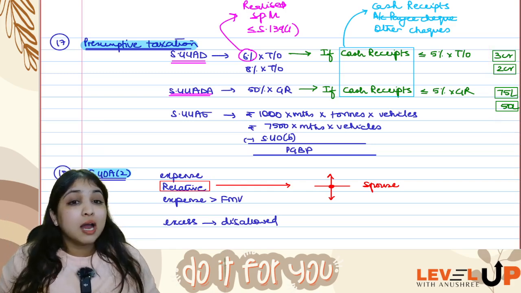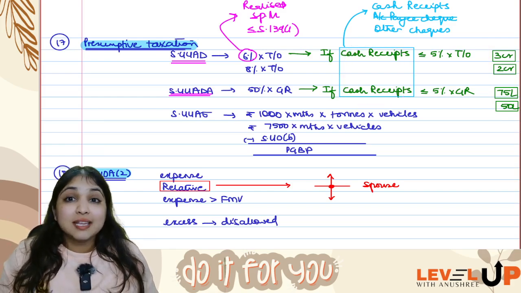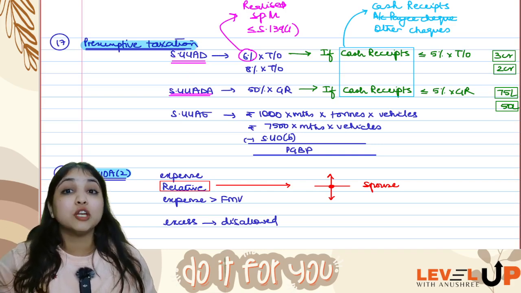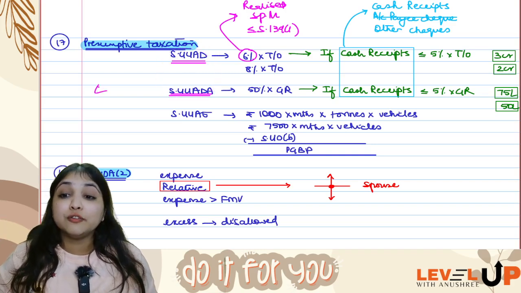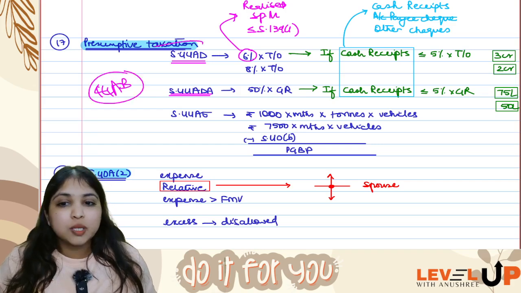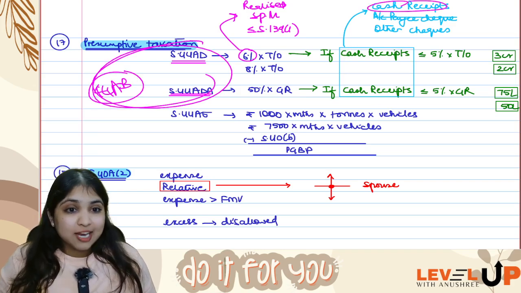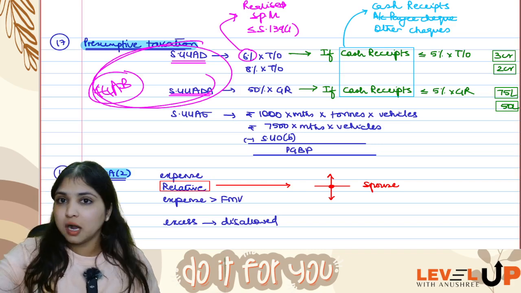Try to recall. Now listen, one more thing I had taught you about this as well: when you say cash receipts, for the purpose of 44AD, 44ADA and 44AB, your tax audit, for the purpose of these three sections, whenever we say cash receipts, we will also include all those cheque receipts, cheques other than account payee cheque.